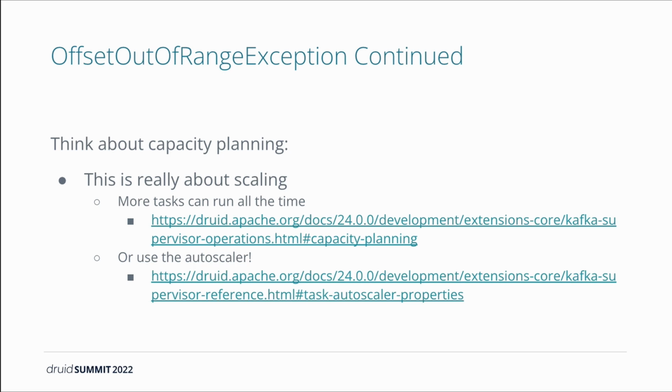Or you can use the autoscaler. It'll automatically increase or decrease the number of tasks depending on the measured lag message processing. This will save on the use of resources.